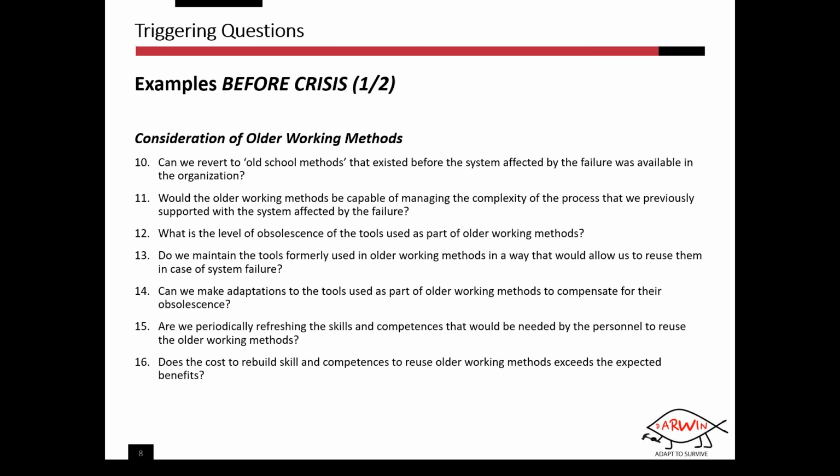But of course, this method allows you to manage a much more reduced number of aircraft in the same unit time. So you have to consider how the situation has changed, to see how far you can use an older working method.